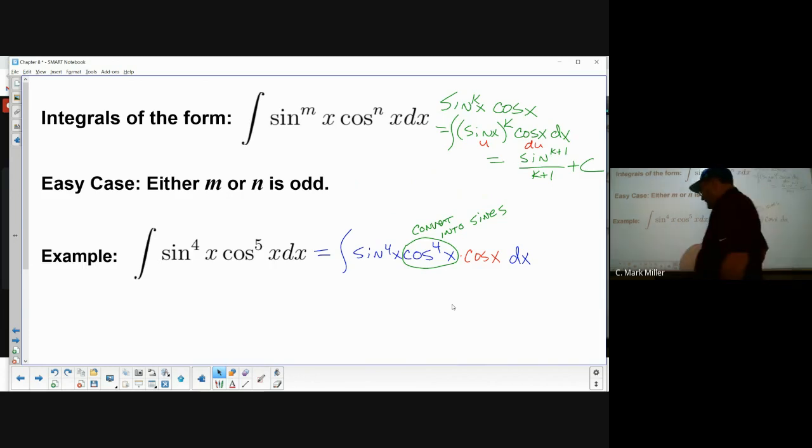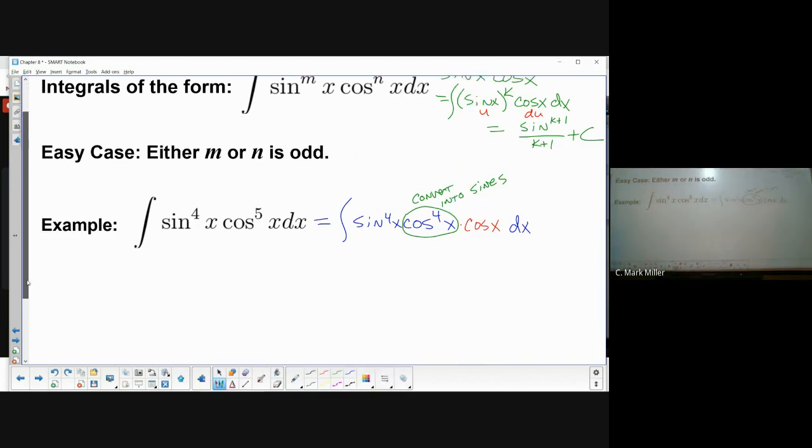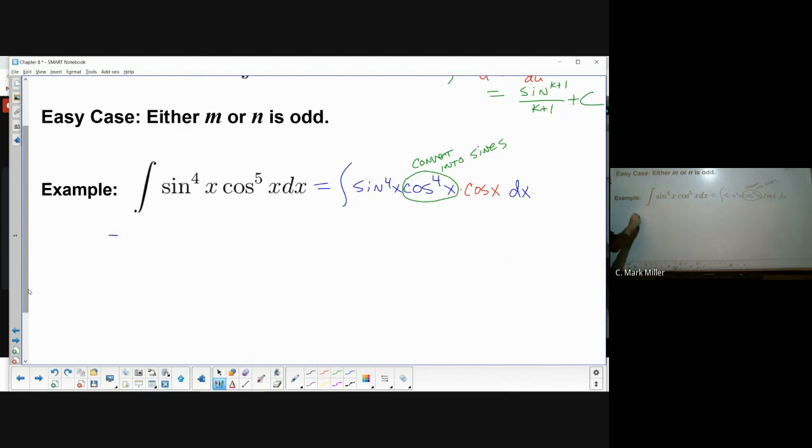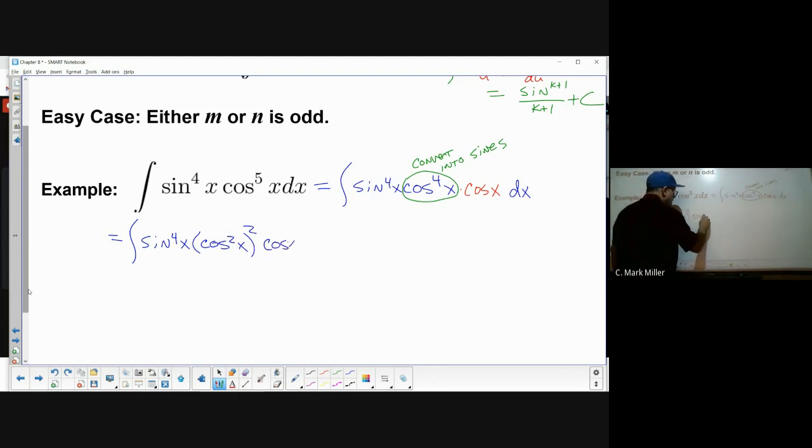All right, now, what do we do? Go over here. Sine to the fourth. Cosine to the fourth is cosine squared squared.